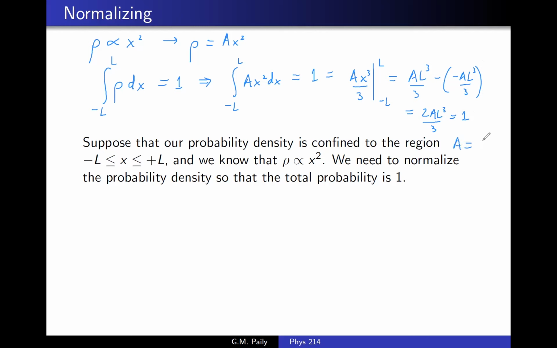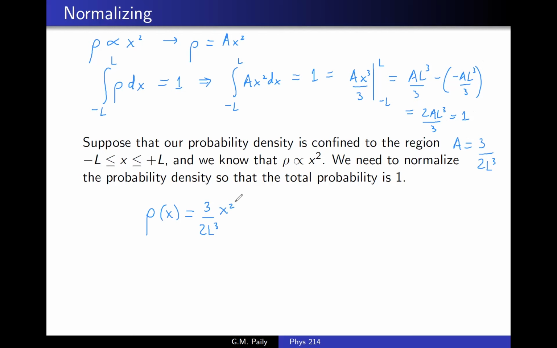So we get that a is equal to 3 over 2 L cubed. So putting that back in our original expression, we have rho as a function of x is equal to 3 over 2 L cubed times x squared.